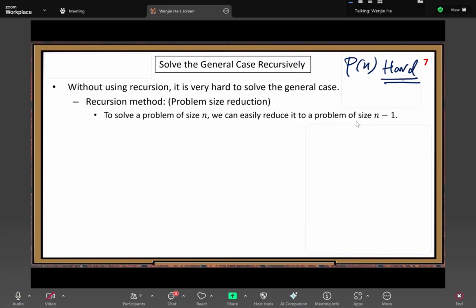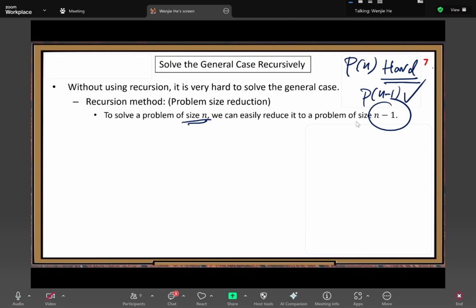When we use the recursion way, when we work on the current problem size n, we can assume P of n minus 1 is already available. The solution of the previous problem size is already available. That's the important step in the recursion.